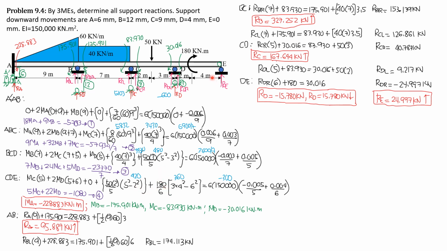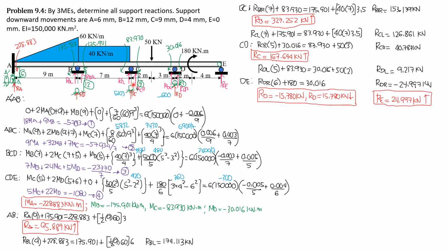Then plus, for this couple load, it is moment over L, quantity 3B squared minus L squared. So moment, which is positive because it is clockwise here, over L, 6, quantity 3B squared, where B is the distance of this couple from the right, which is 4, minus L squared, and equals 6 EI.